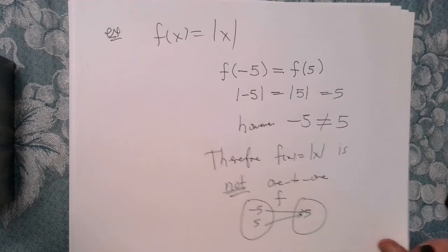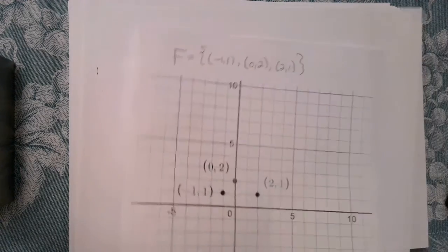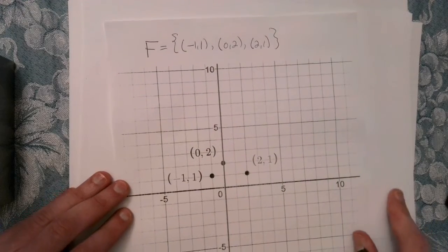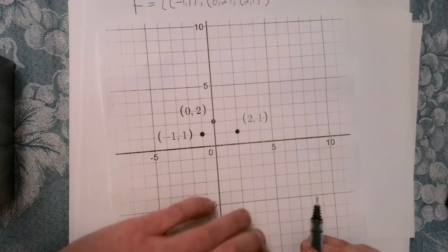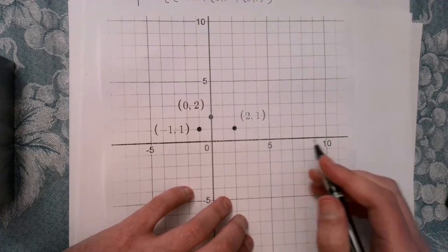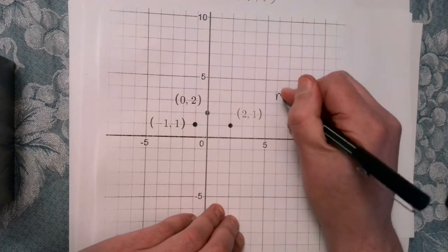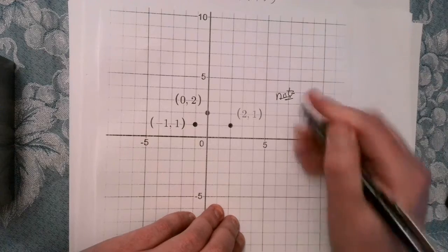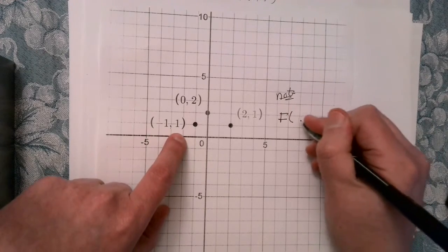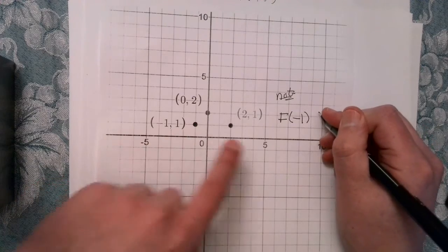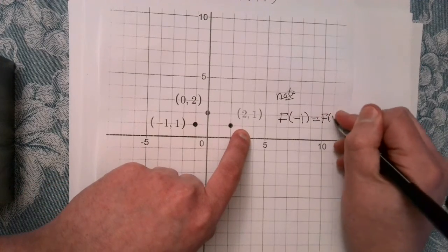Okay, and so the last one, that was the set, just to get back on target here. How can we show using our definition that this is not 1-to-1? So let's do it right here. Let's note f of -1 equals 1, and f of 2 also equals 1.